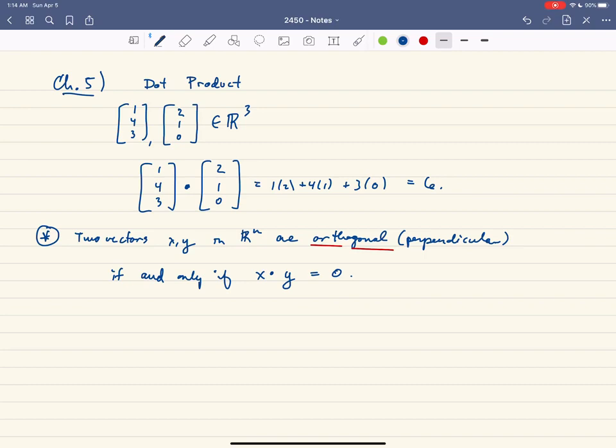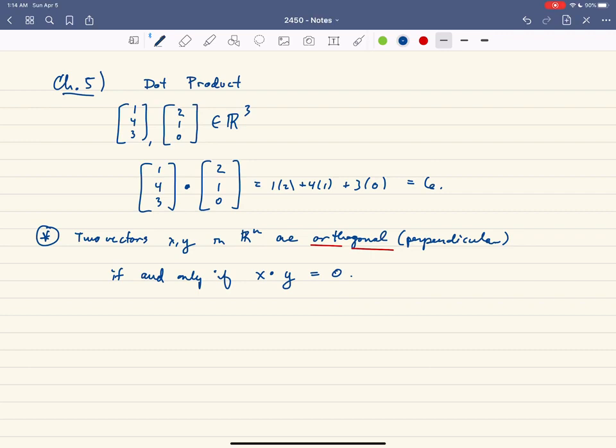You can actually use the dot product to compute volumes of parallelepipeds, which are, I'm not going to draw it, but they're three-dimensional analogs of parallelograms. You can do lots of things with dot products. There's lots of uses. A few things that I just want to point out, though.